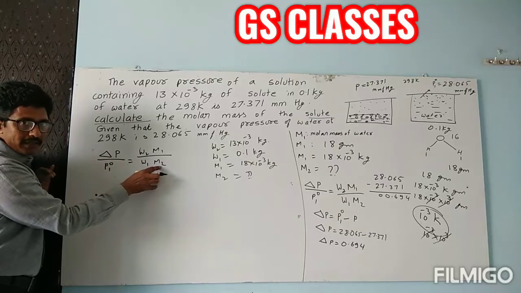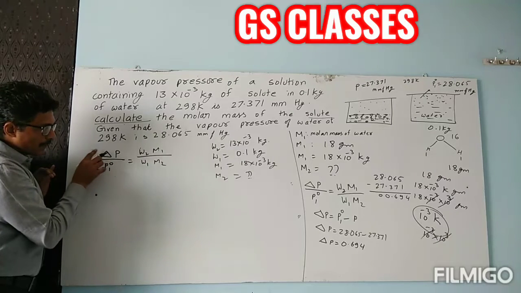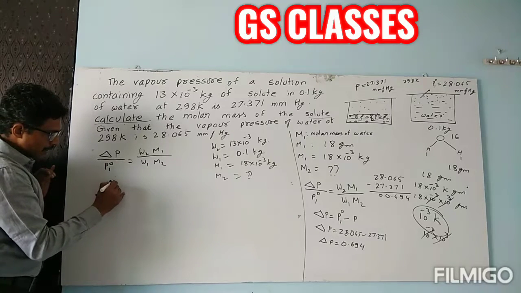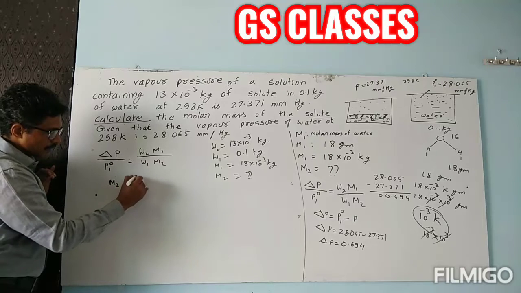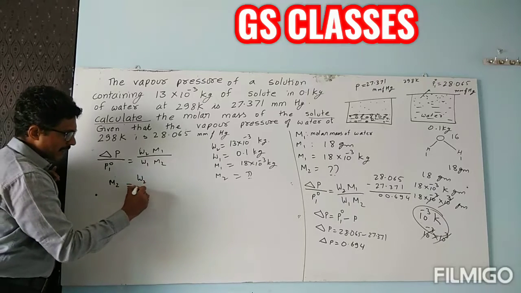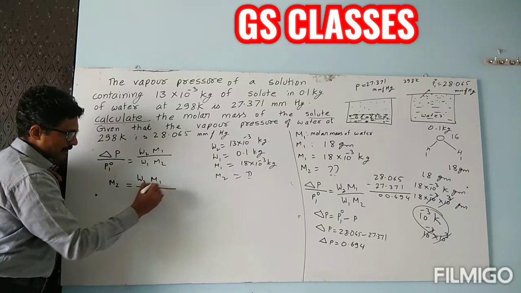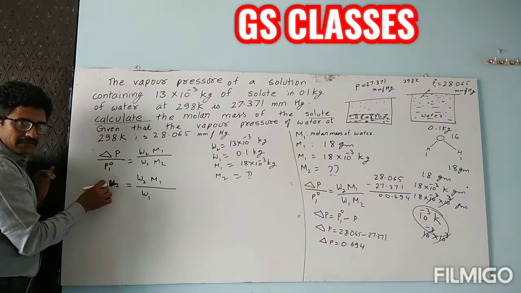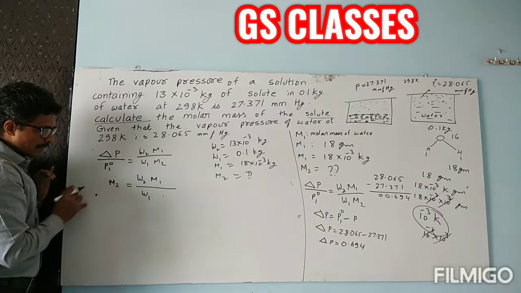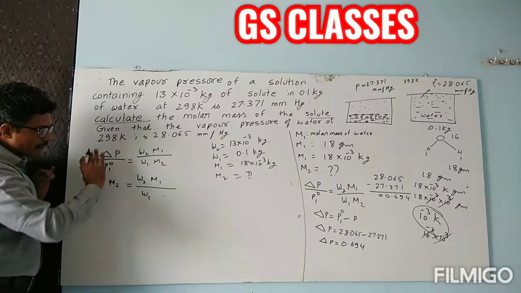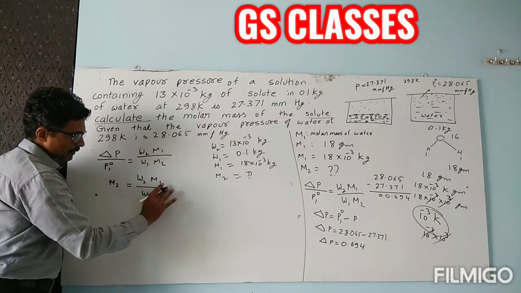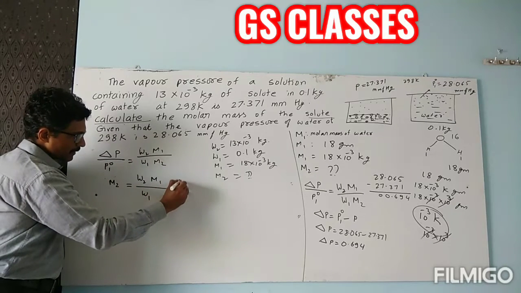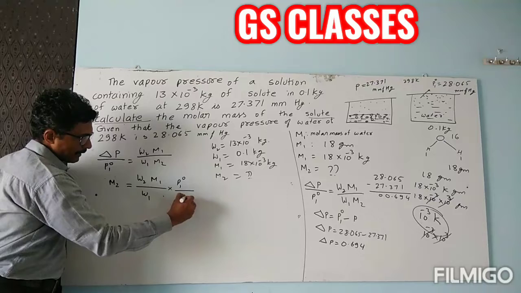It is in the denominator, so it will come in the numerator. Other values will remain as they are. Only M2 has come to this side, and this entire value will go to the other side, and I will write P1 standard upon delta P.